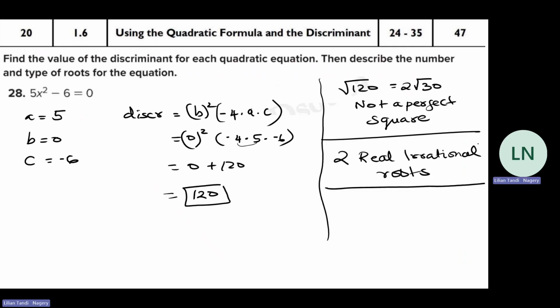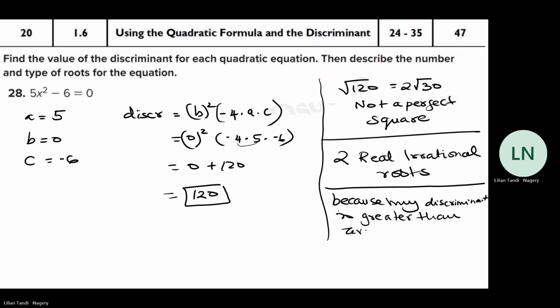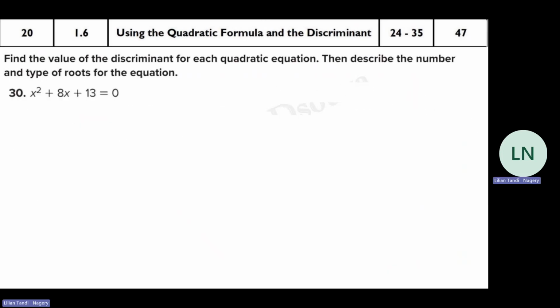Why didn't I give a reason here? Because my discriminant is greater than 0, but not a perfect square. Explain, explain, explain. Okay? All right.